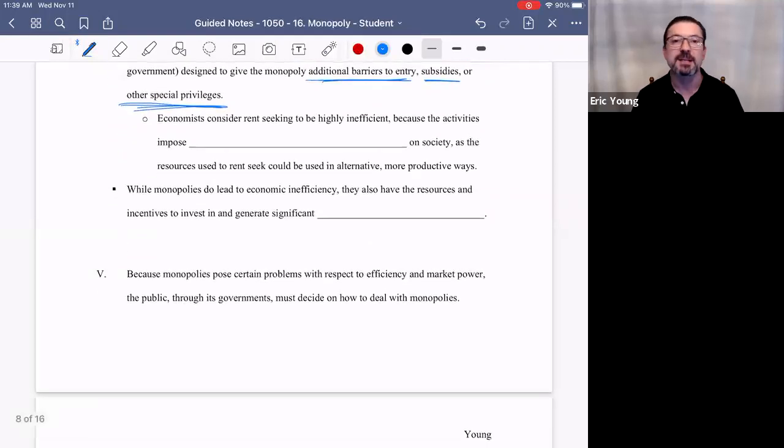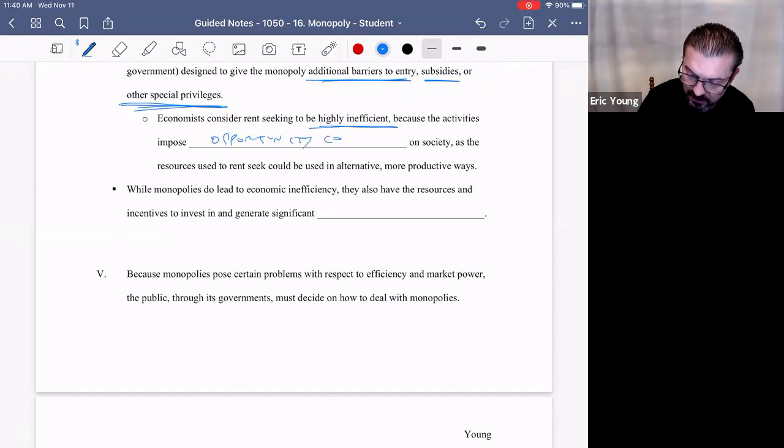Economists consider rent seeking to be extraordinarily inefficient and bad, in part because it maintains the monopoly and therefore helps maintain the inefficiencies, but even more so because rent seeking imposes really strong opportunity costs on society.